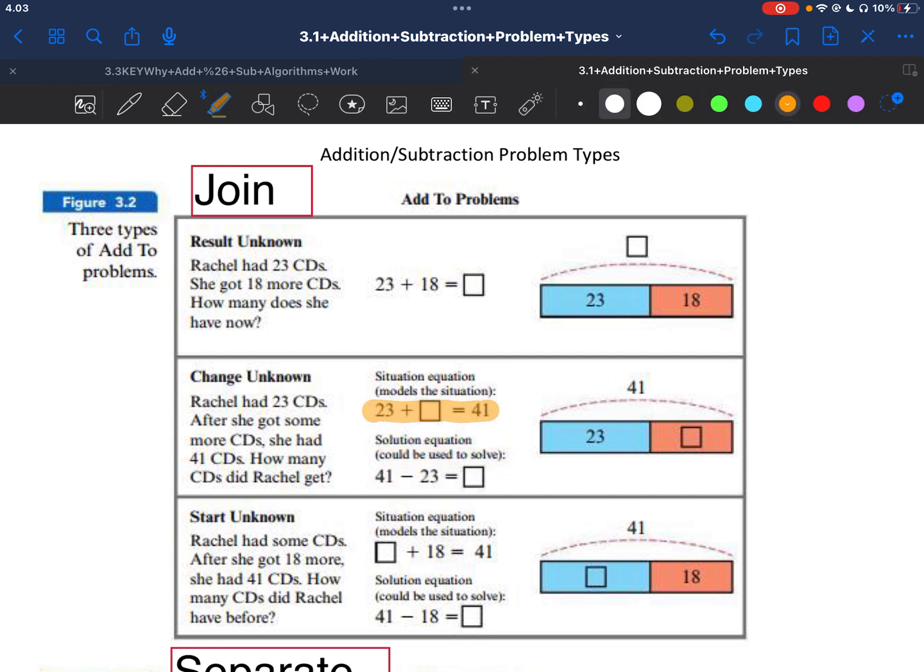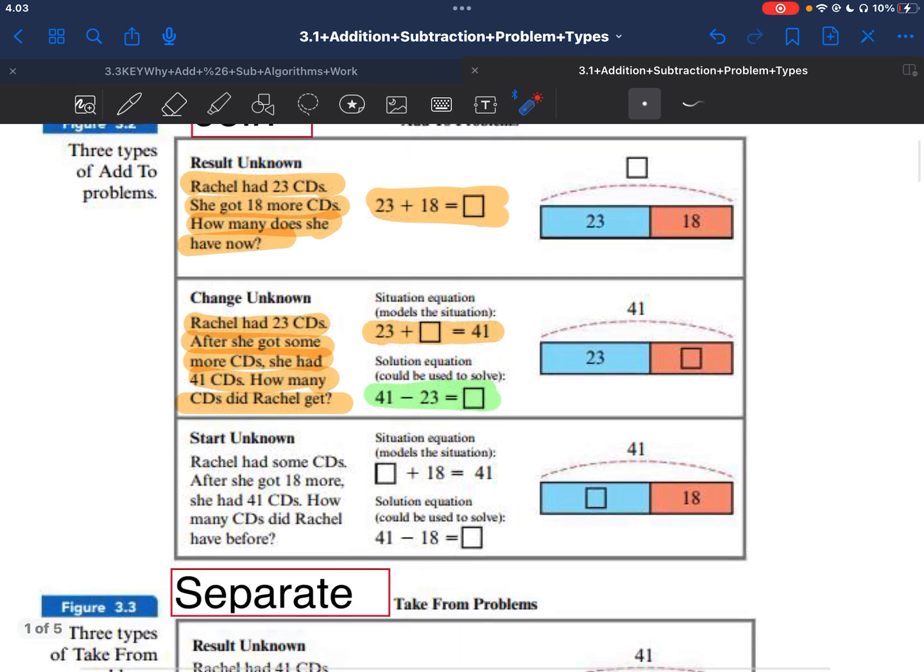This is the number sentence for this problem, and this is the equation to solve the add-in unknown, or the change unknown. That's why we subtracted 23 from both sides, so that we can isolate the square to find what it is. And in the representation here, again, we start with 23 and we're adding something, but we know that the total, the sum, is 41. That's why it's a join change unknown.